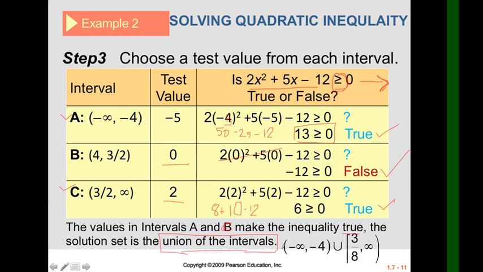So the union of intervals is negative infinity to negative 4, union. Sabihin, pagsasamahin natin yung A and C. Okay, bakit? Kasi it means that it is equal. Going to the right siya, so it's positive.